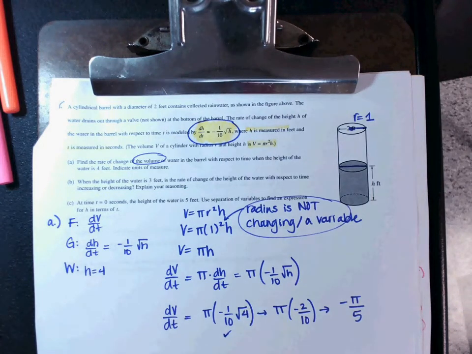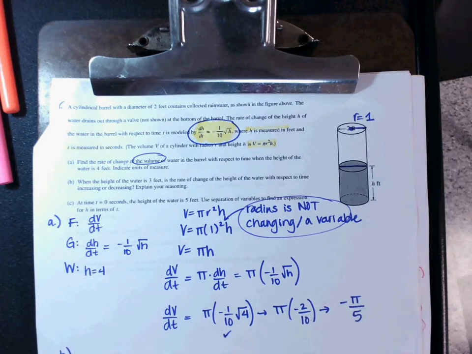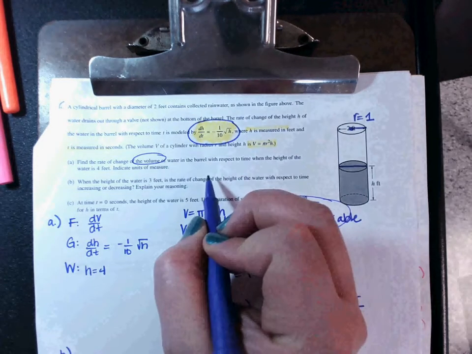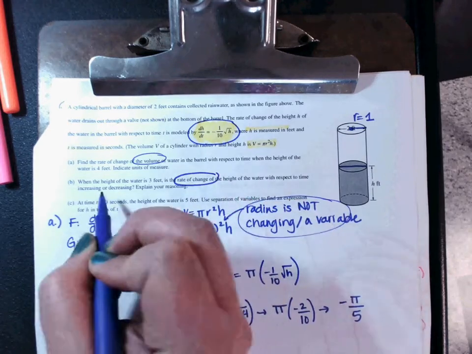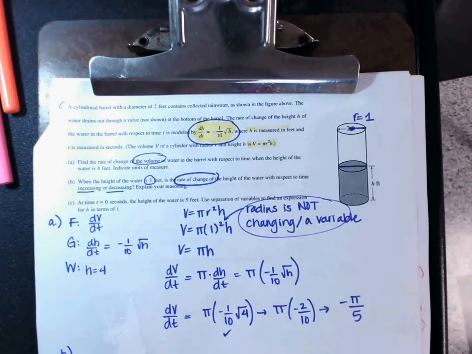Okay, part B. When the height of the water is 3 feet, is the rate of change of the height of the water with respect to time increasing or decreasing? Explain your reasoning. Okay, think about, I want to know if the rate of change is increasing or decreasing. That means that I need to take the derivative again and plug in 3.